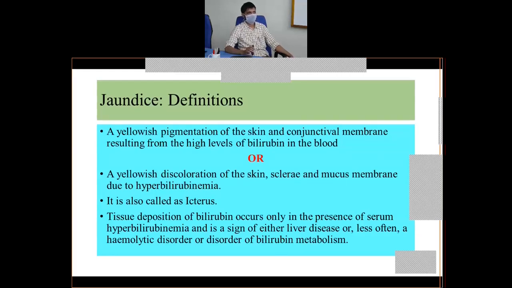So jaundice, by definition, is the yellowish discoloration or pigmentation of the skin and the conjunctival membrane resulting from a high level of bilirubin in the blood, or yellowish discoloration of the skin, sclera or mucous membrane due to hyperbilirubinemia, and it's also called icterus.